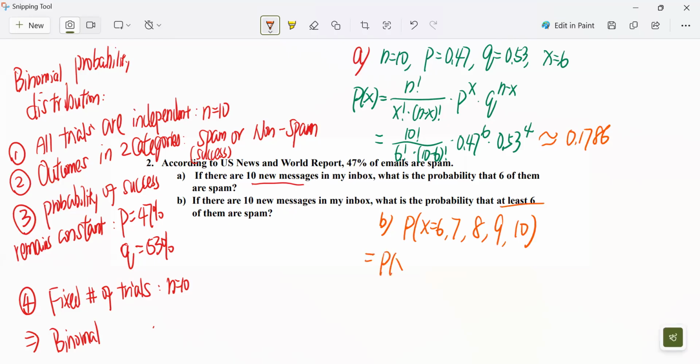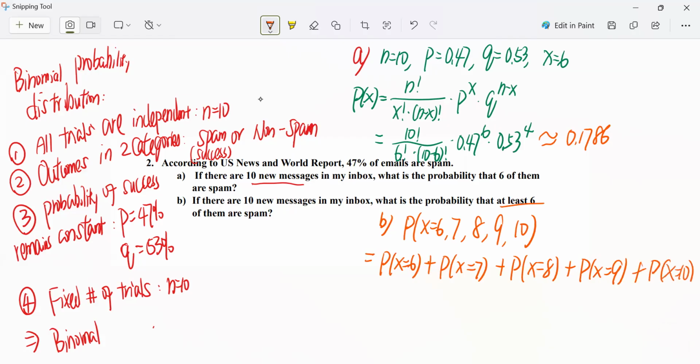P of X equals 6, which we already have, plus P of X equals 7, plus P of X equals 8, plus P of X equals 9, plus P of X equals 10. We did the 6 already, and then we're going to get 7, 8, 9, and 10.